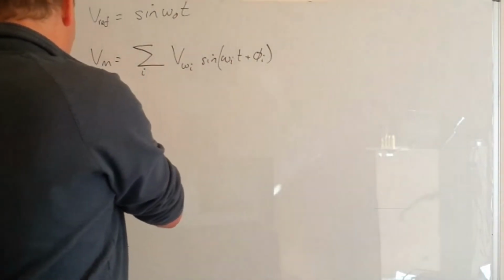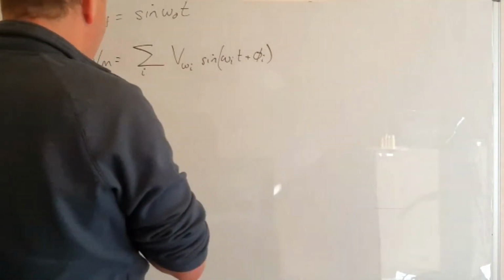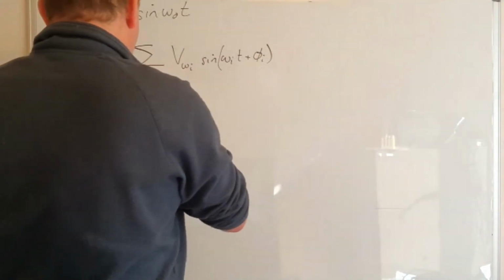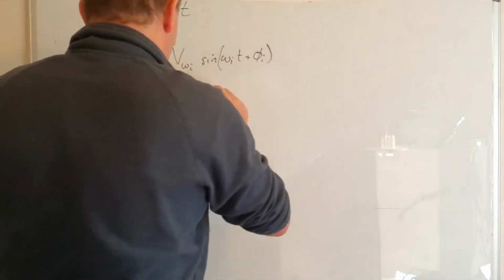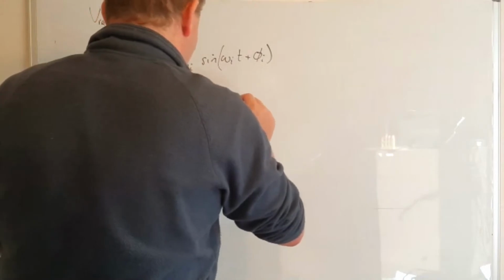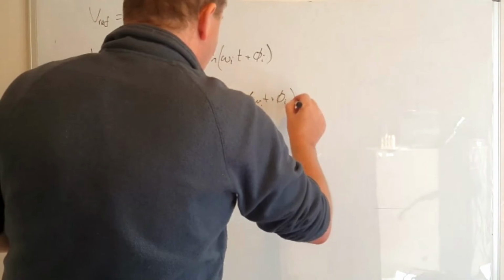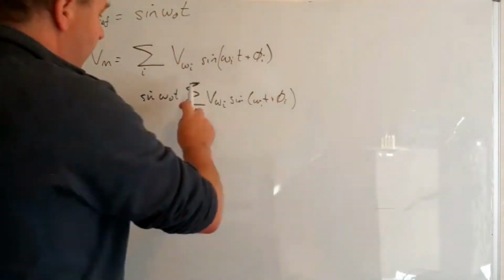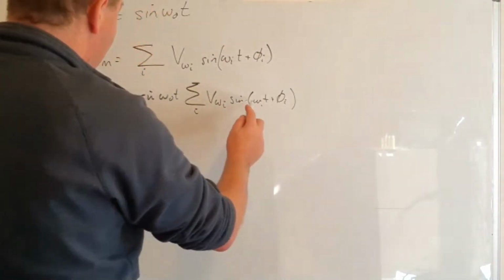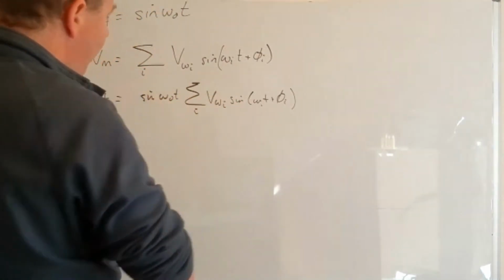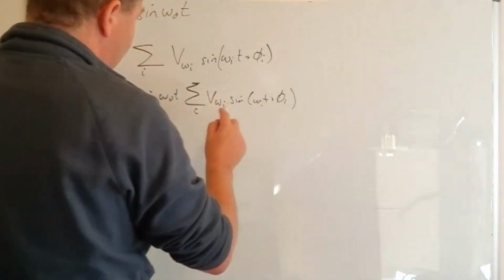So V measured times V reference is going to be equal to sine omega naught t times our sum V omega i sine omega i t plus phi i. And now we're going to split this sum into two parts. One part is going at the same frequency as our reference signal, and the other part is going at all the other frequencies.